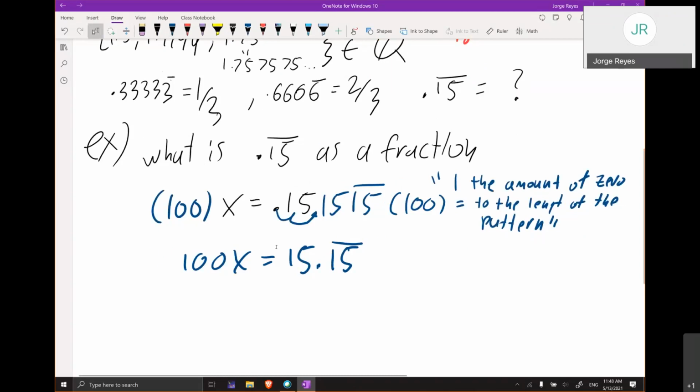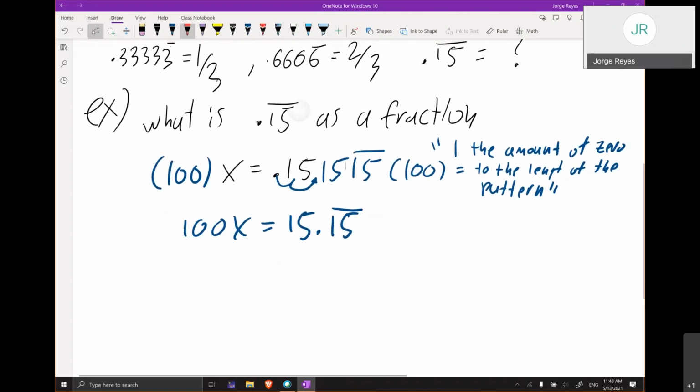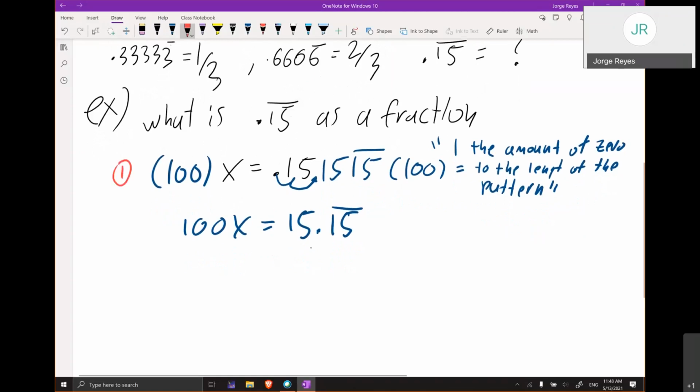So now I have this thing. This is equation 1, and this is equation 2, and then I'm going to subtract equation 1 from equation 2, or, way later in this semester, do row 2 minus row 1.